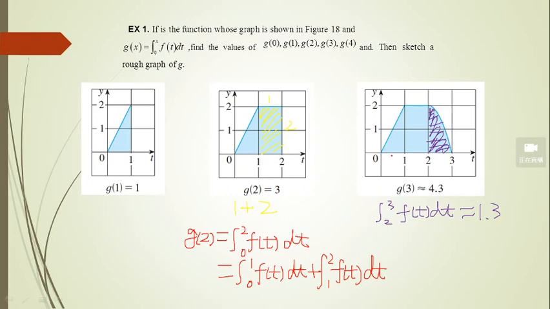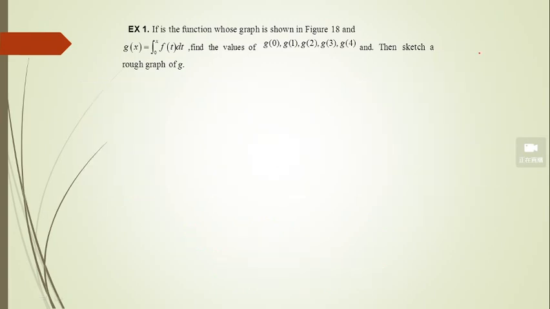So that's why for the accumulated area from 0 to 3, we get G3 is approximately 4.3. Okay, and you will notice that all those give a positive number because all those areas are above the t-axis, above the horizontal axis. That is G3. Now let's check G4.